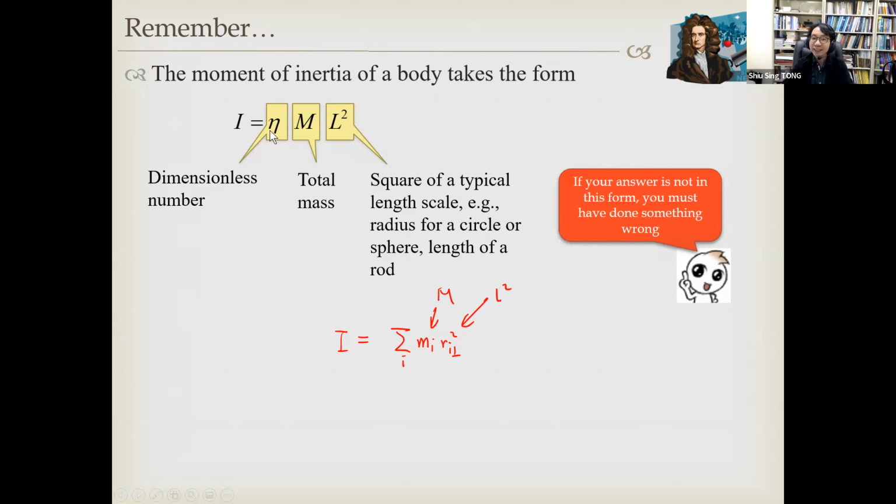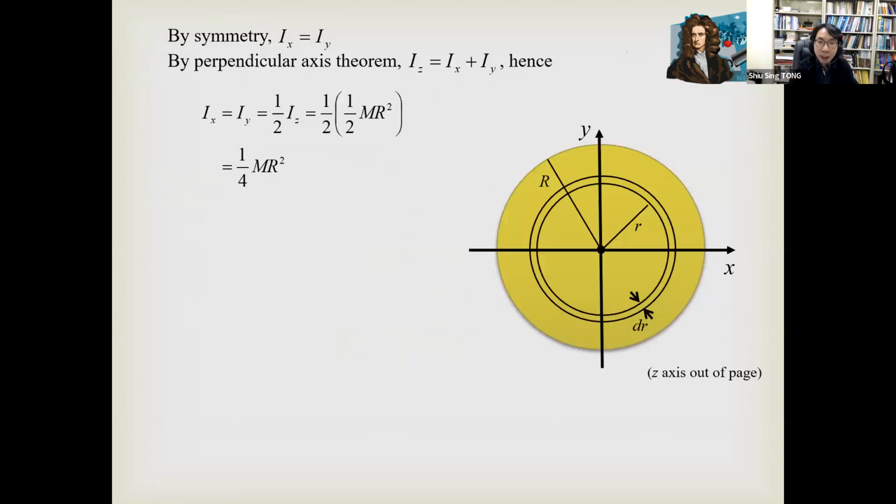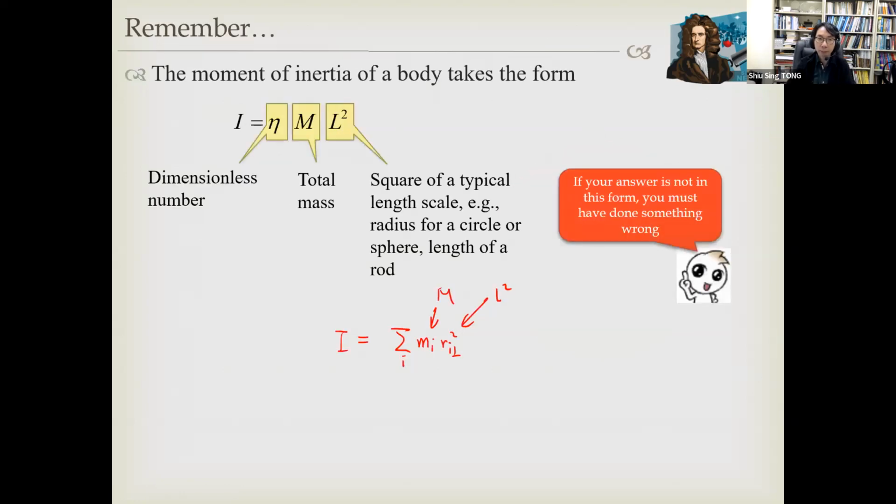In our previous example, let me summarize a bit. For a rod about one end, it is 1/3 of mL squared, right? And in our previous example, we found for a uniform disk about its symmetry axis, it is half mR squared.